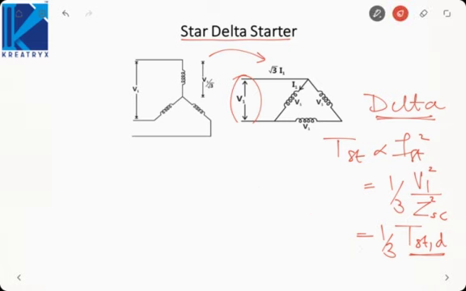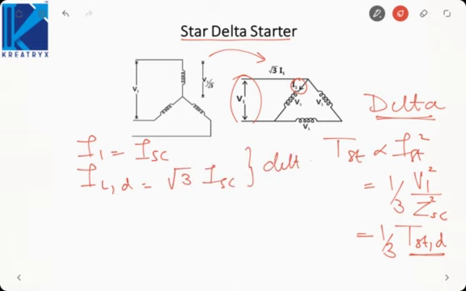If the phase current is I1, and I1 is actually ISC, the line current in delta will be root 3 times ISC. This is for delta. In case of star, the voltage becomes V1 by root 3, so I starting becomes 1 by root 3 ISC.